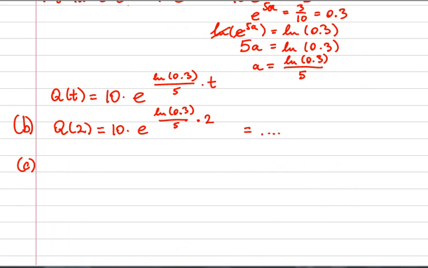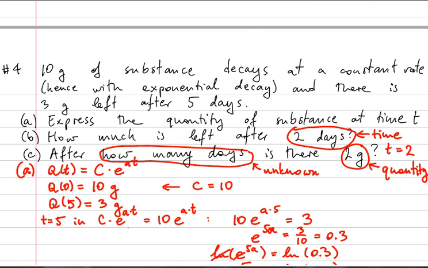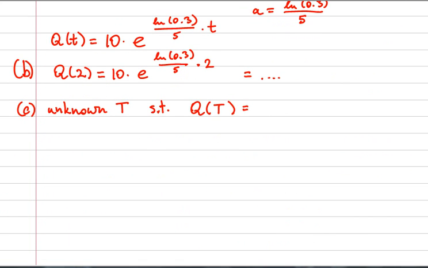So setting up our equation means we're looking for unknown big T such that quantity at time t is equal to 2 grams. So quantity at time T is 2.